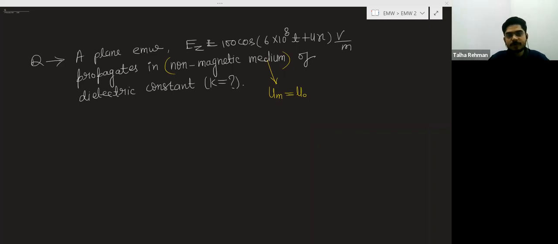A plane electromagnetic wave, this is the equation of its electric field, propagates in a non-magnetic medium. Non-magnetic medium means that for that medium the value of the permeability is equal to mu naught, with dielectric constant K. They have asked the value of the dielectric constant.